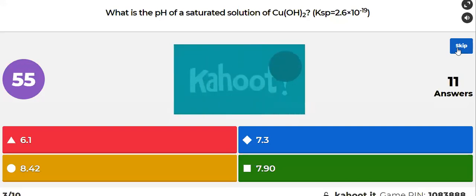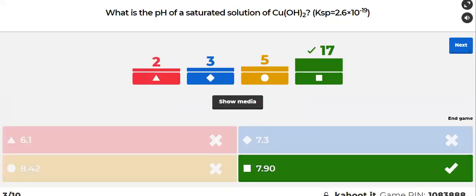Same concept. Most of you gave the correct answer. So Ksp is equal to 4S cube, and concentration of OH minus is equal to 2S. From here you can calculate S, then OH minus, then you can calculate pH.